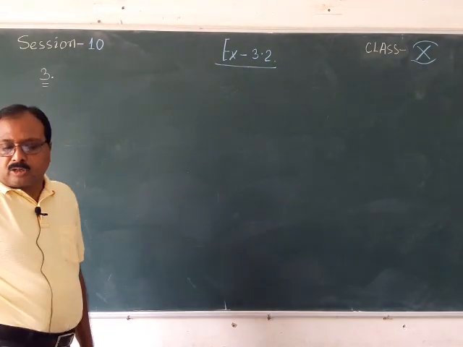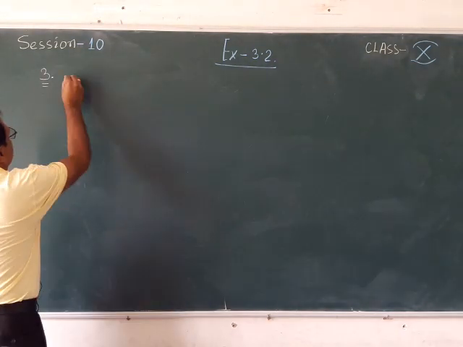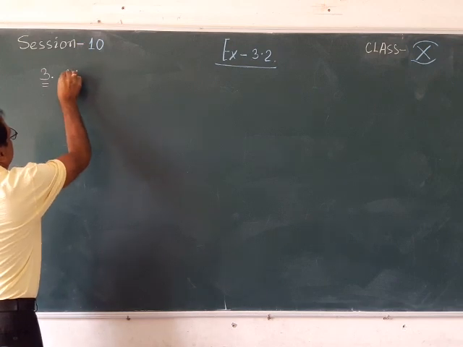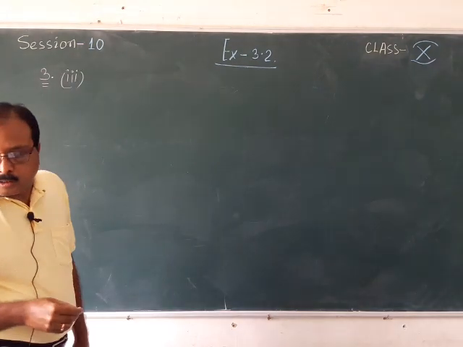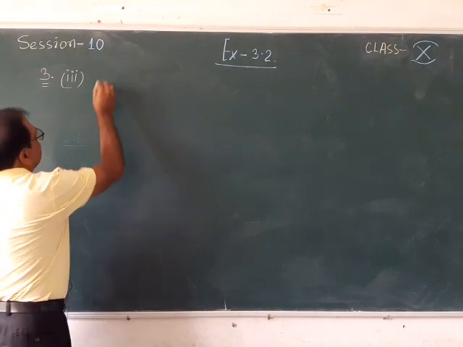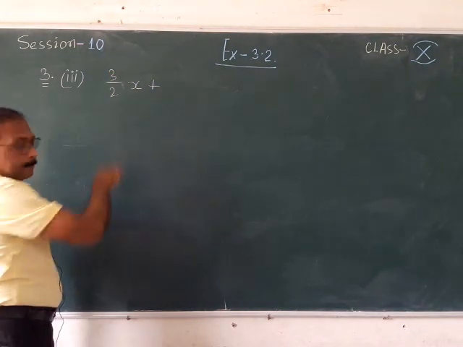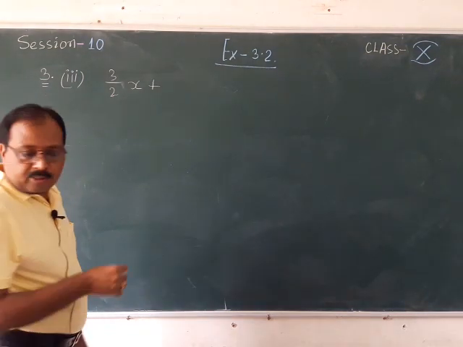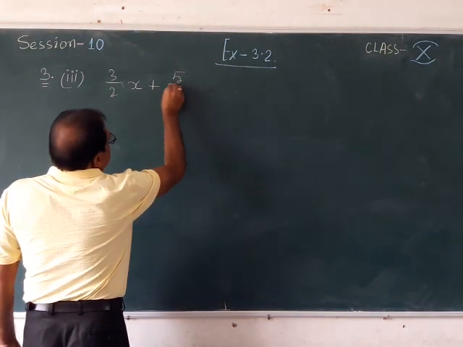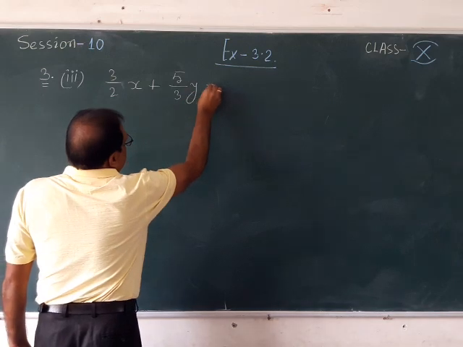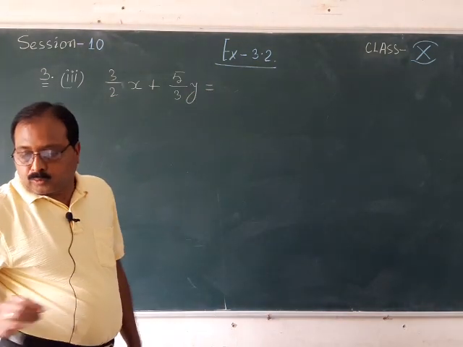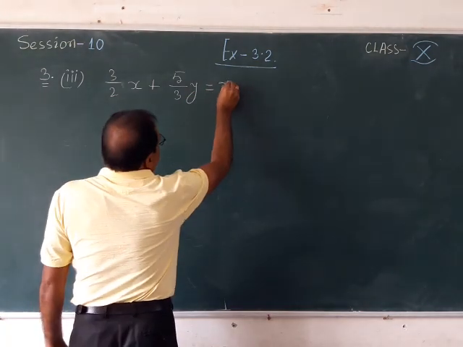So, question number 3.3. This is 3 by 2x plus 5 by 3y, and that is equal to 7.